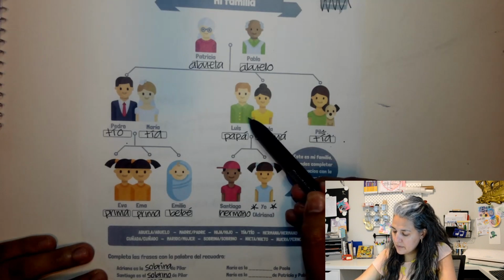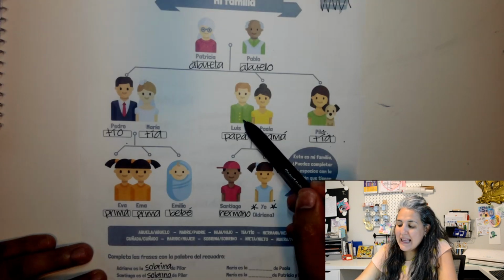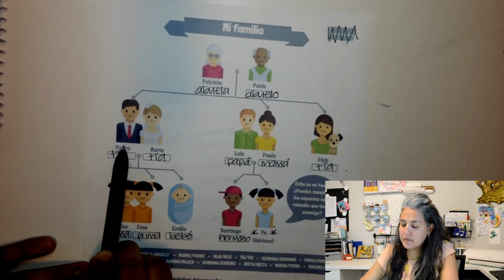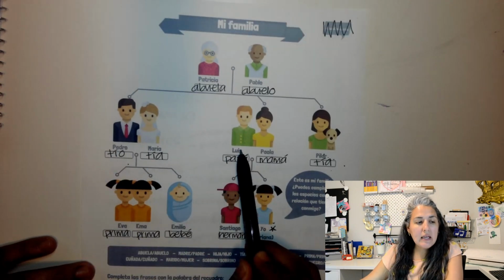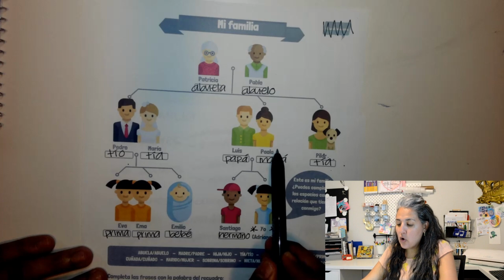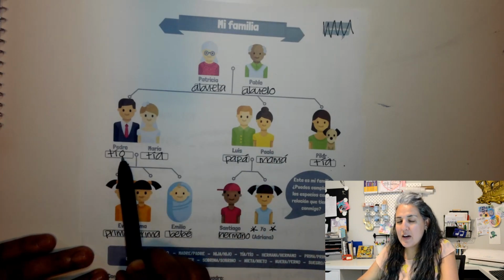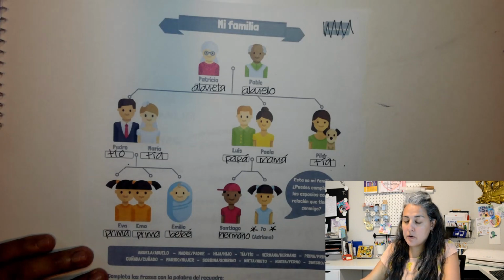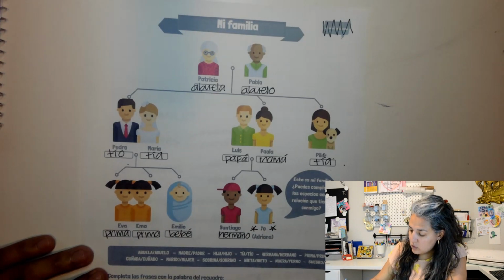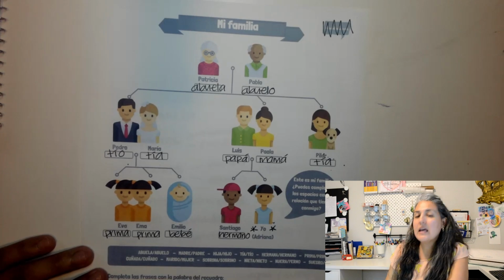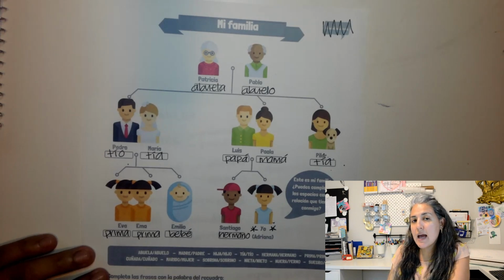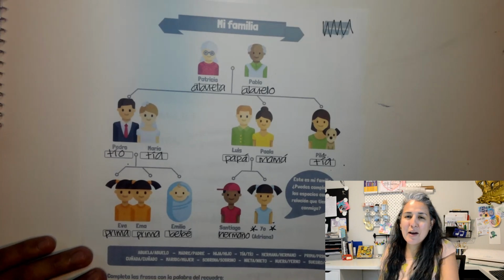Luis es el que de Pedro. So Luis is married to Paola. Paola's brother is Pedro. So Luis es el cuñado de Pedro. Cuñado. That's brother-in-law.